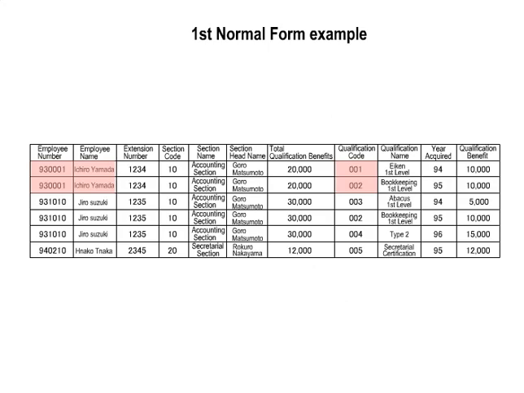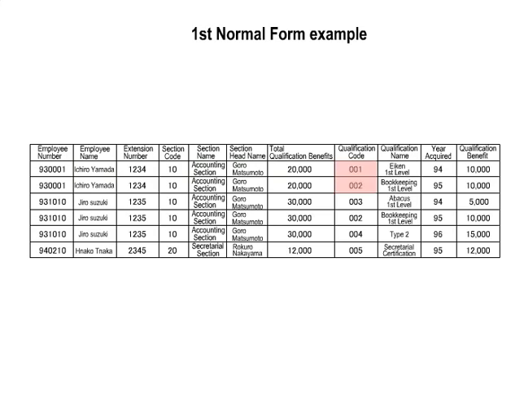Even if multiple records with the same employee number have some different qualification codes, the employee name is decided by the employee number alone. In the same manner, the extension number, section code, section name, section head name, and total qualification benefits are determined by the employee number.